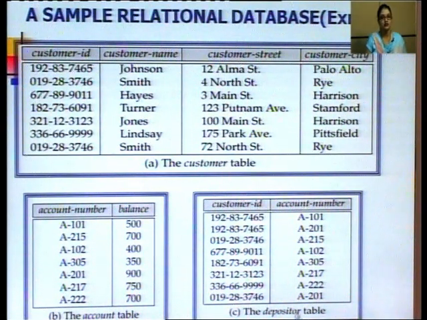This is the depositor relationship table, which represents the record of customer ID and account number. When a relationship associates two tables, it always has attributes which are common in both tables. For example, in this depositor table, customer ID is taken from the customer table and the account number attribute is taken from the account table.